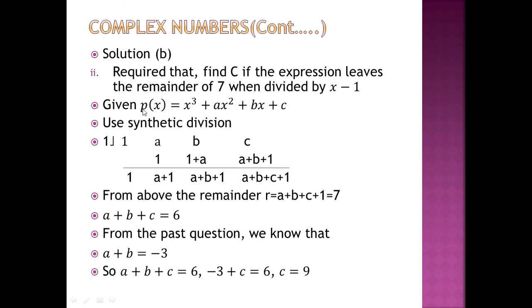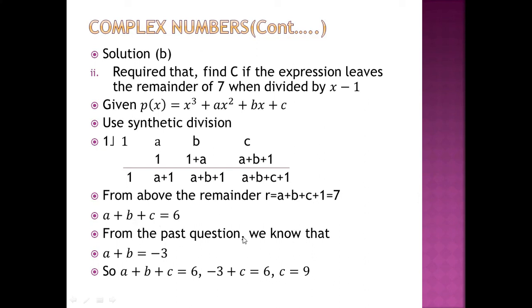Given that p of x is x cubed, x power 3, plus ax squared plus bx plus c, using the same method of synthetic division, we set up the equation like that, and the final value is this one. From the above, the remainder is this one, but the remainder is equal to 7. So we have this equation, a plus b plus c is equal to 6.